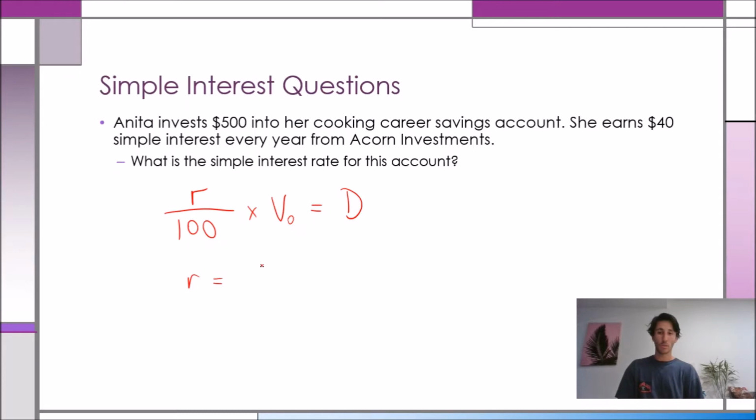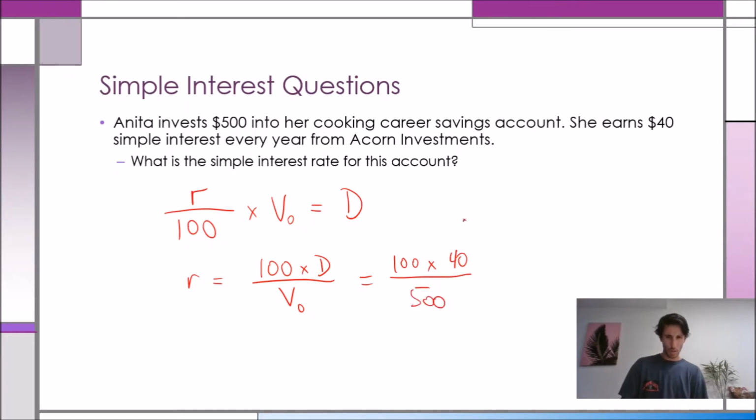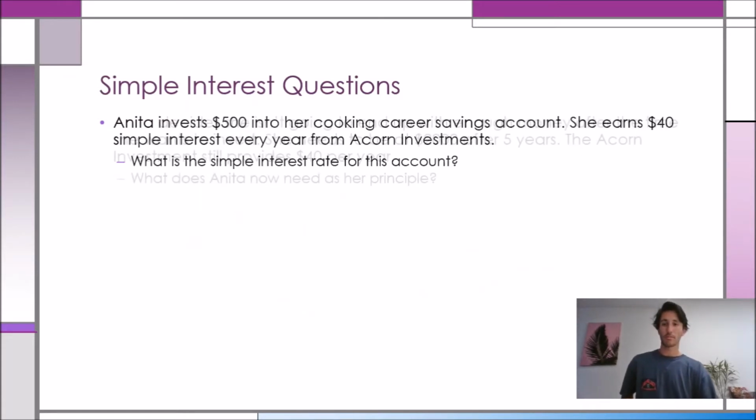R is equal to 100 times D divided by V0. So 100 times how much it's changing by divided by V0, which in this case is 100 times 40 divided by 500, which is 8. So 8%. The interest rate is 8%, simple interest.